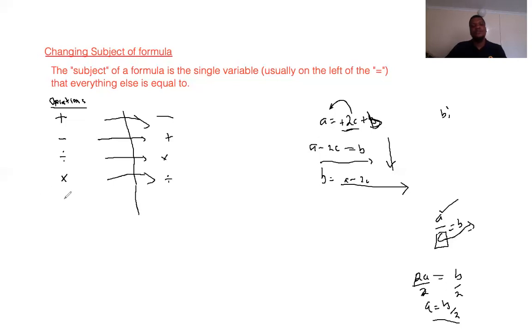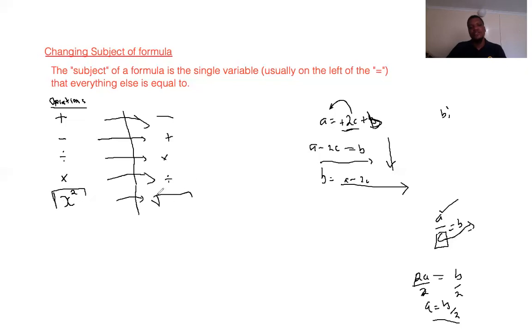But sometimes you also get to see things like powers. Let's say we have a power, a square. Now the opposite of a square is a square root. So when it goes to the other side, it should become a square root. Normally when you have a square, we put a square root on both sides.